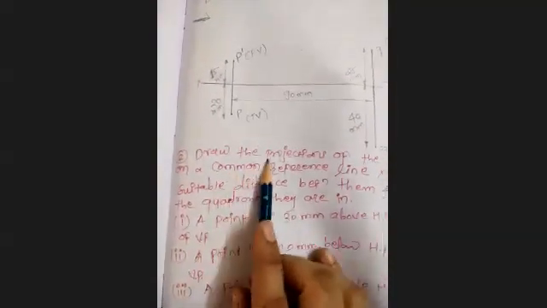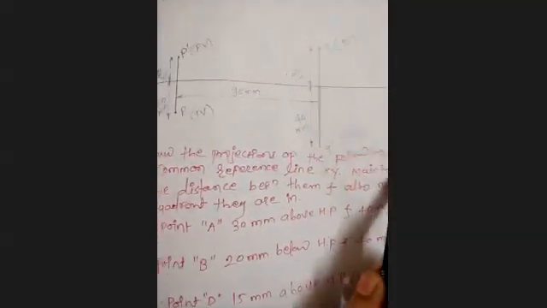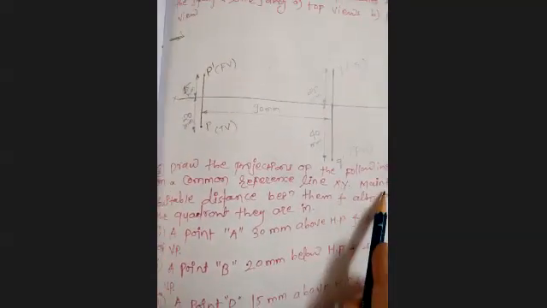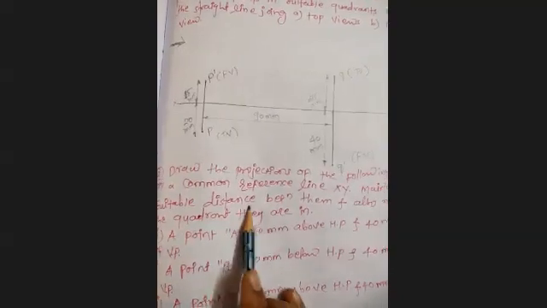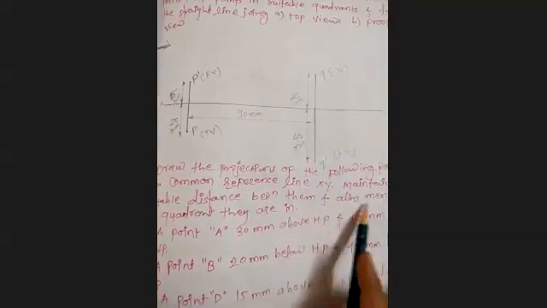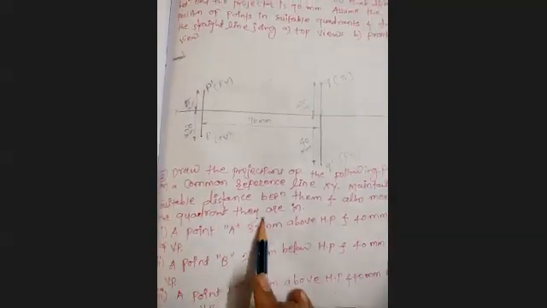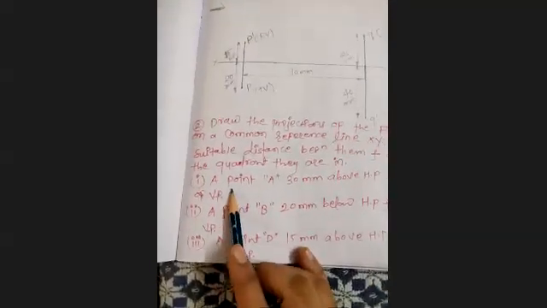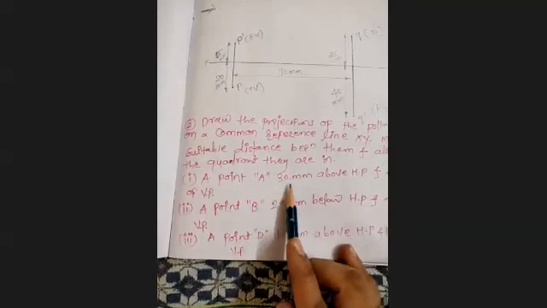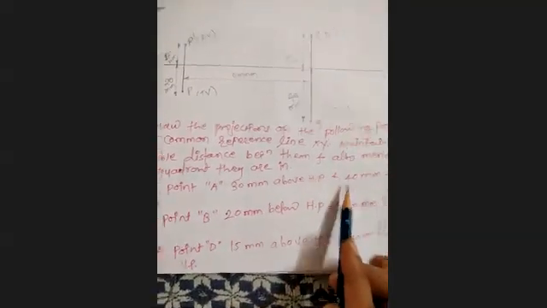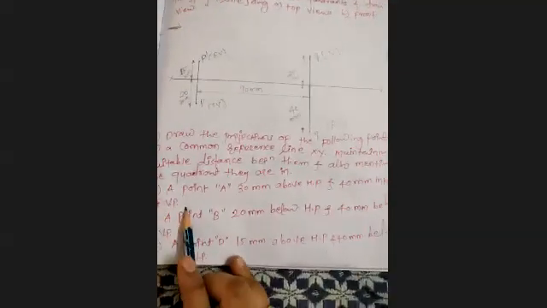Clear, ma'am. Okay. Next question, second question. Draw the projections of the following points on a common reference line XY, maintaining suitable distance between them, and also mention the quadrant they are in. Number 1, point A is 30 mm above HP and 40 mm in front of VP.